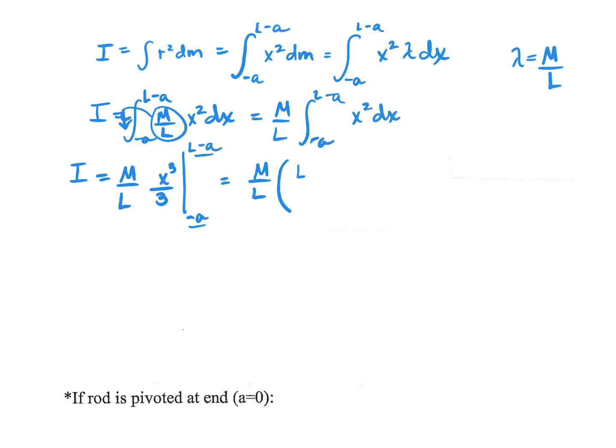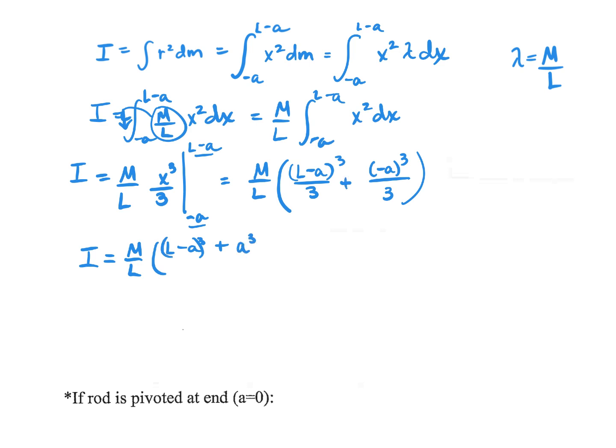So it is going to be L minus A cubed over 3 minus negative A cubed over 3. So we can clean this up. The inertia is m over L times L minus A cubed plus A cubed, because minus a negative becomes a positive, doesn't it? All over 3.